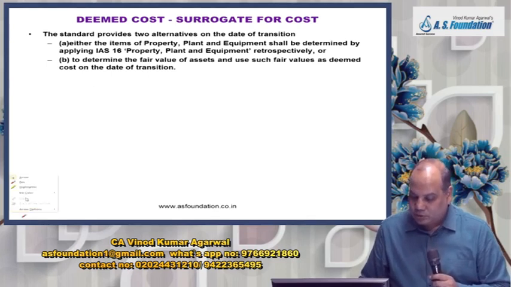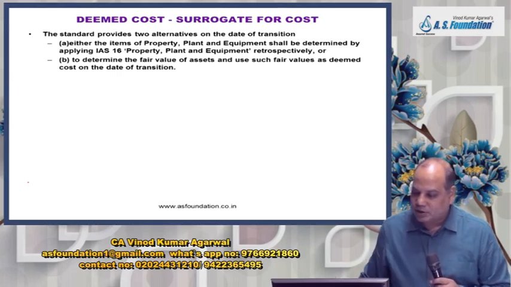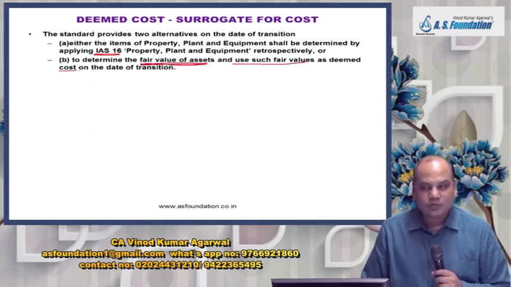If you are not able to find out what would have been my balance under IAS 16, then you simply find out the fair value of that asset on the date of transition and use that fair value as a deemed cost.